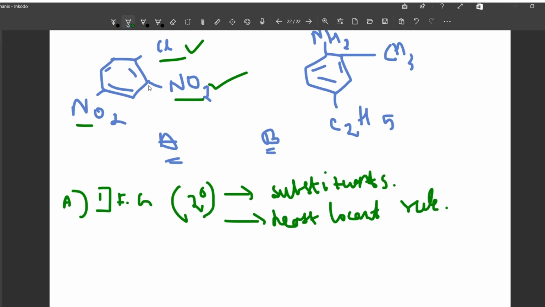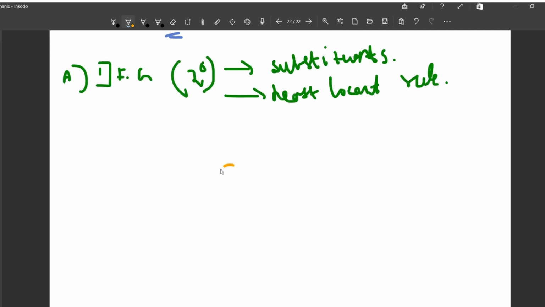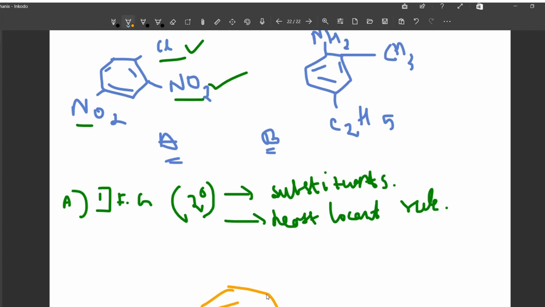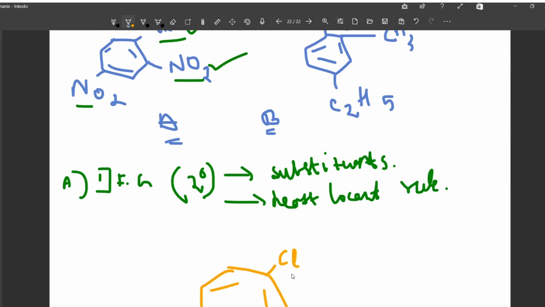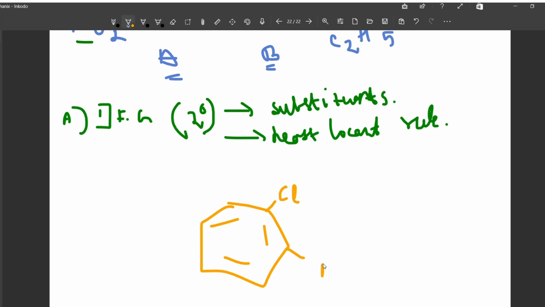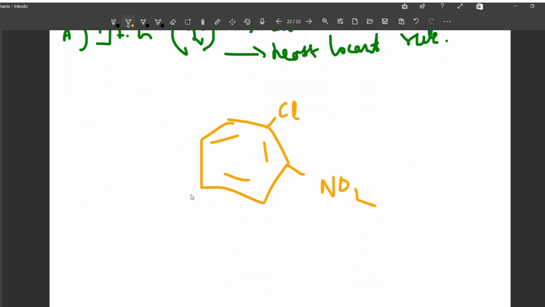Let me show this part. So let's say I start numbering from chlorine. This will be a better picture of the compound. Chlorine on the meta position, NO2 on the meta position, and NO2 here too. Right?